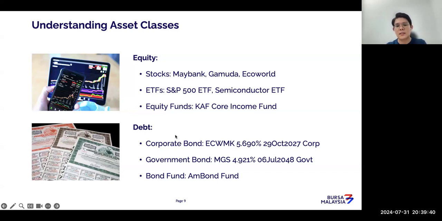And then the second one is debt. There are a few types of bonds in Malaysia, but the usual bonds that we see are corporate bonds. If you have premier banking status in a bank, I believe many bankers, so-called RMs, will approach you to sell you bonds. This is a corporate bond. In Malaysia right now, the interest rate environment is about 4 to 5%, so you can get a better rate.